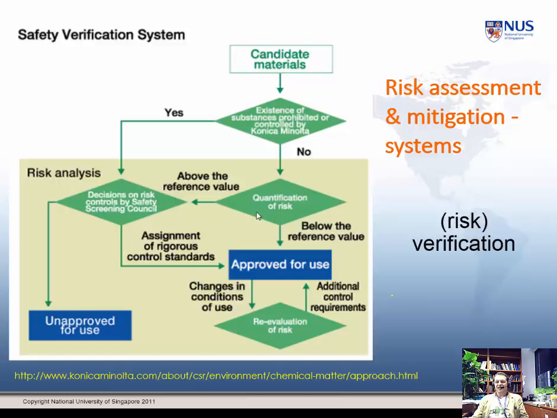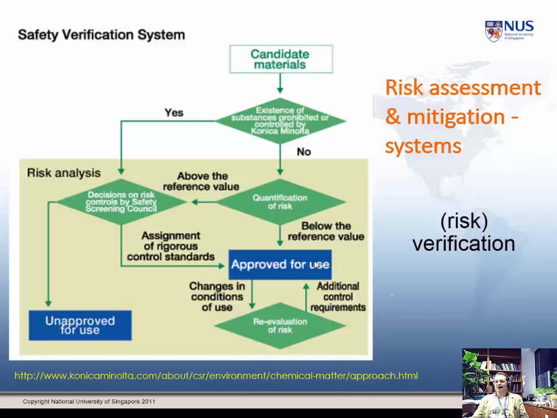You then, exactly as we were looking at just now, quantify the risk. If it's below the reference value, it can be approved for use. If you're changing the conditions of use or changing the material, then you reevaluate the risk with that new material down here.